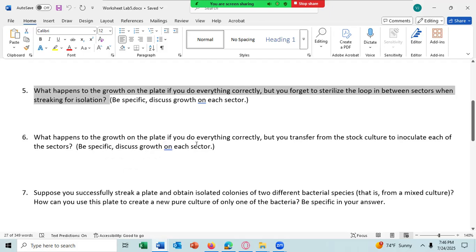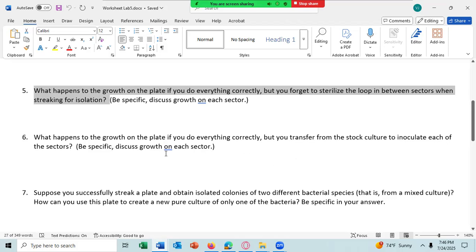So you're sterilizing the loop, cooling it, and then picking up the cells from the stock culture, and then streaking out sector 1. And then you sterilize the loop, and then you cool the loop, pick up cells from the stock culture, and then streak out sector 2. And then you do that again for sector 3.